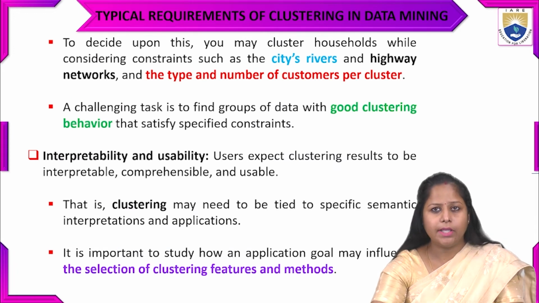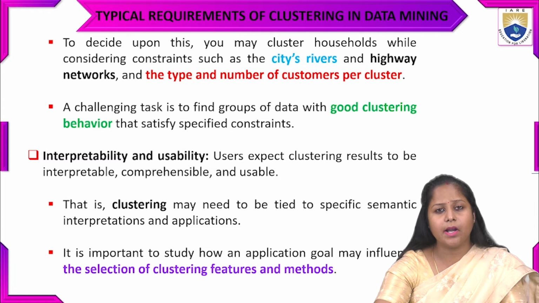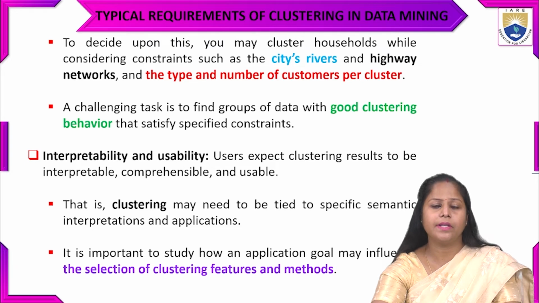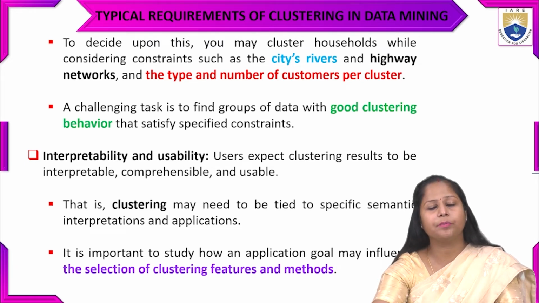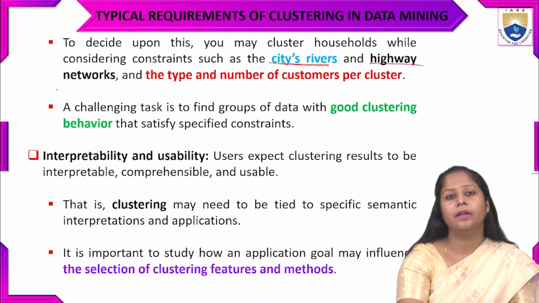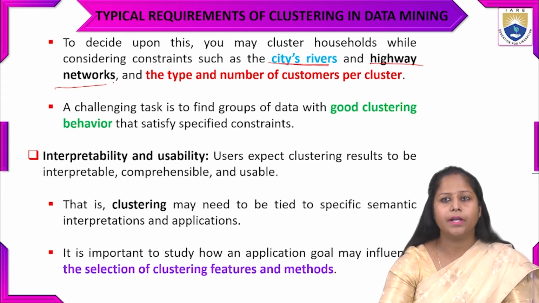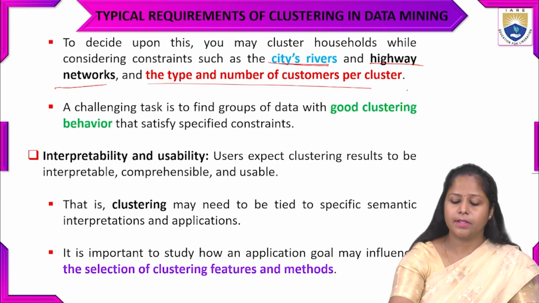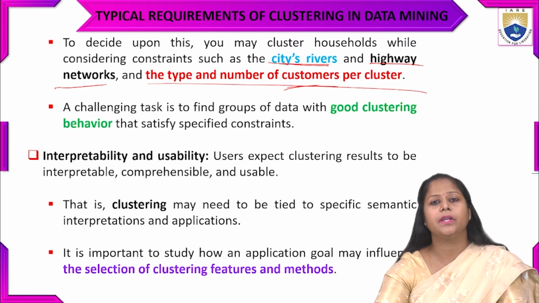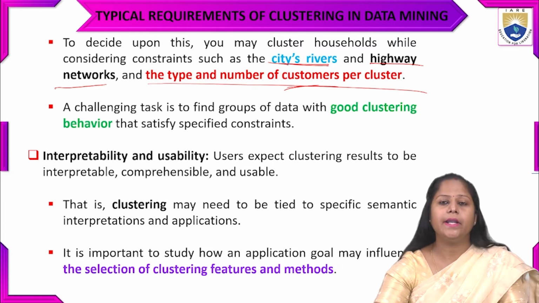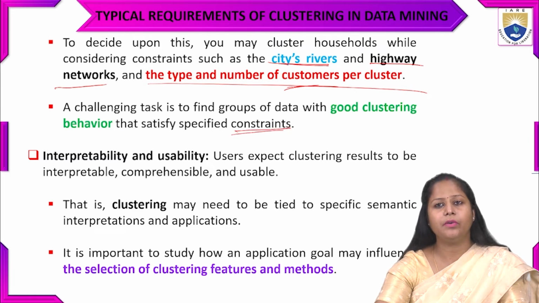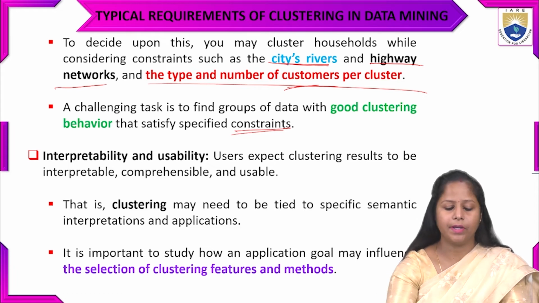To decide this, you may cluster households while considering constraints such as the city river, the highway network, and the type and number of customers per cluster. A challenging task is to find groups of data with good clustering behavior that satisfy specified constraints.